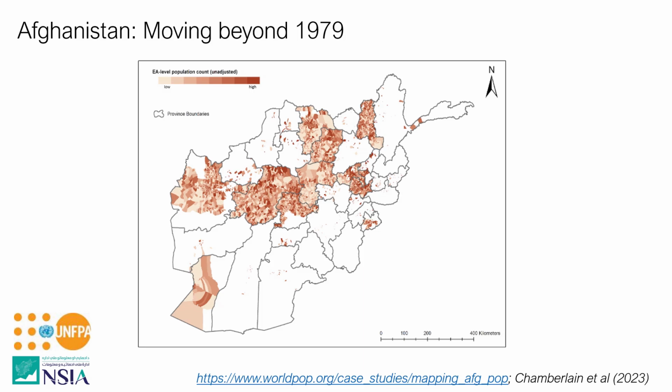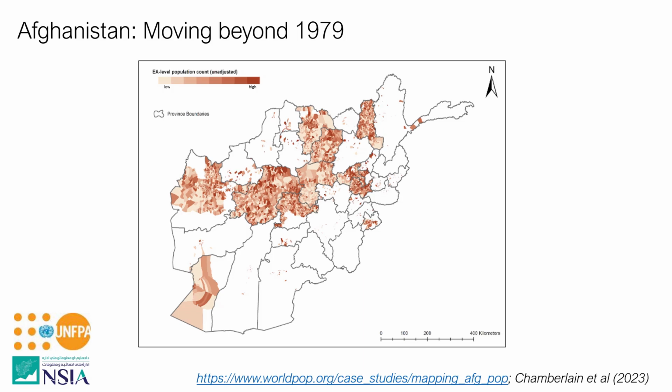So one of the first examples, with UNFPA and the Afghan Statistics Office back in 2018, was this, where there had been no census since 1979. And there was a strong interest from President Ghani at the time to produce new estimates that weren't reliant on simple projections from the 1979 census.